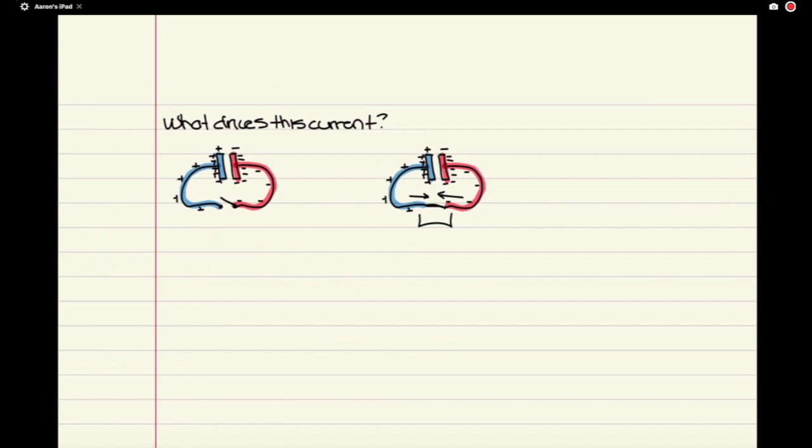initially creates a non-zero electric field in this little switch region, and as a result, the electric charge starts to want to roam across the switch.